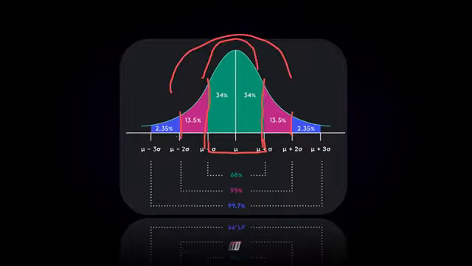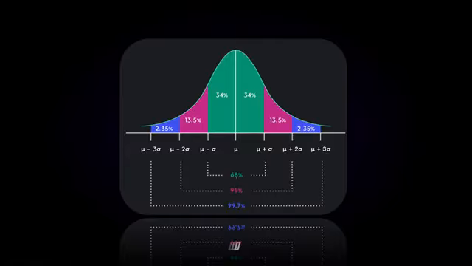This is the second standard deviation. This is the third standard deviation. Okay? So within the first standard deviation, you will see 68%, around 70%, let's say, of the samples. Within the second standard deviation, you'll have 95%. In the third standard deviation, you'll have 99%.